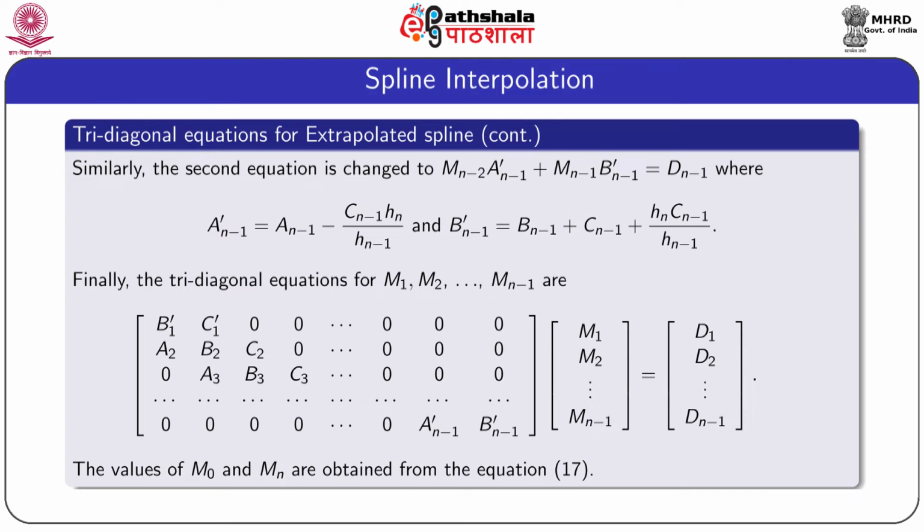So, finally, we have the system of tridiagonal equations for the unknowns m1, m2 up to mn minus 1 as this. So, this system also contains n minus 1 equations and n minus 1 variables. So, after calculating the values of m1, m2 up to mn minus 1, we can determine the values of m0 and mn from equation number 17.